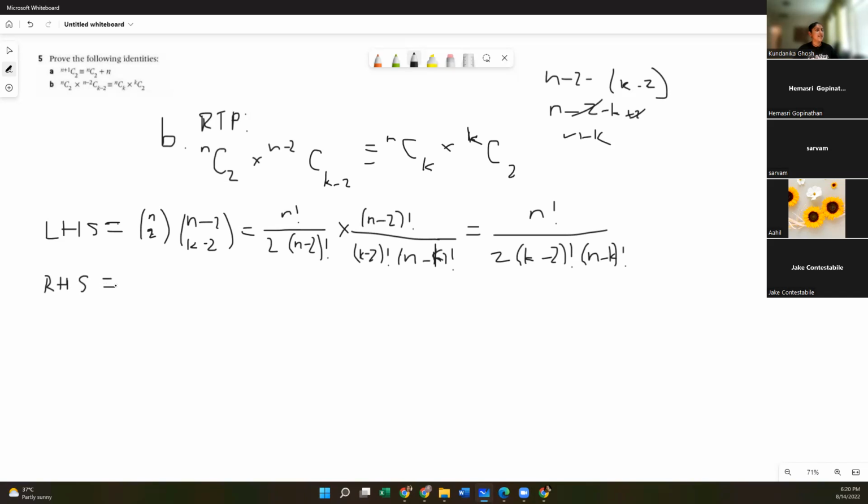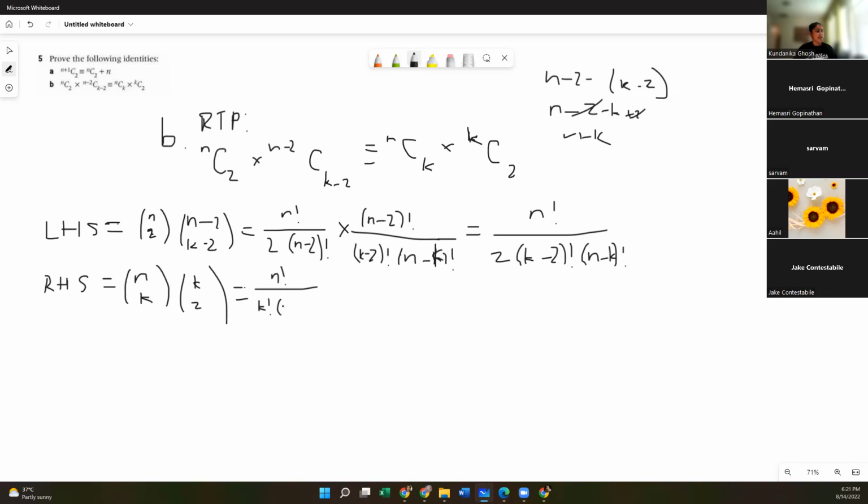So over here, your right-hand side equals, again, we're going to rewrite it in this formula just so it's easier for us to see. You have n choose k times k choose 2. Okay, so again, use the formula. n choose k is n factorial over k factorial times n minus k factorial, since n is n and r is k.